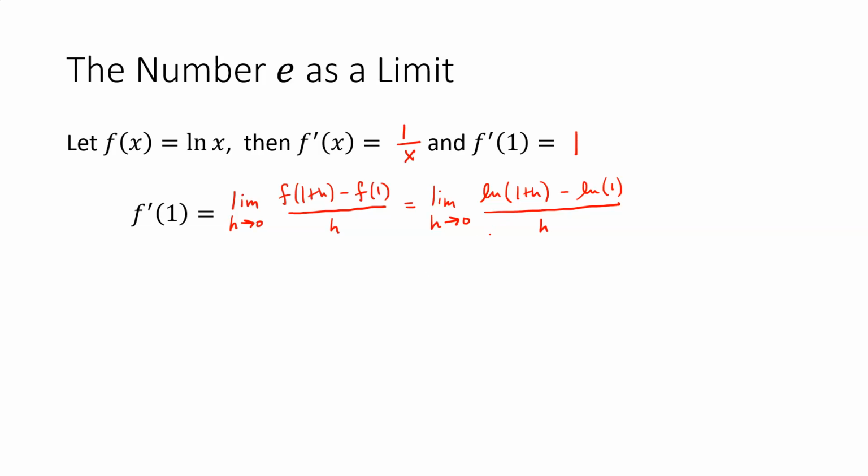And then we know that ln of 1 is 0. So I'm left with 1 over h ln of 1 plus h. Since we're multiplying 1 over h here, I can bring it into the logarithm as a power, using a property of logarithms there. So we got the limit as h approaches 0 of ln of 1 plus h to the 1 over h power.